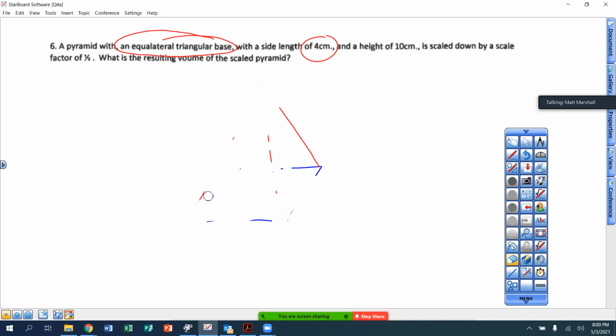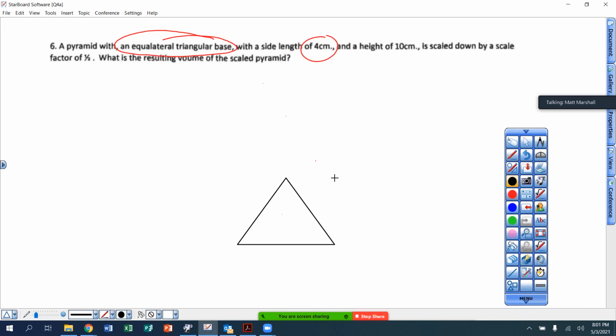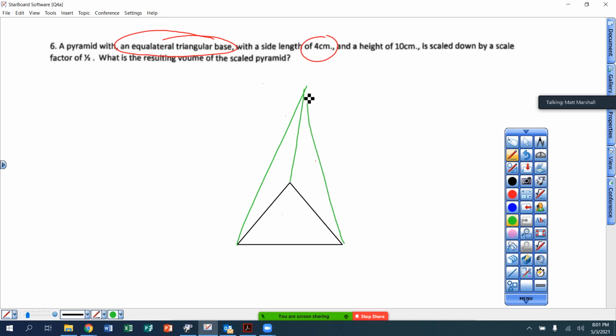So pretty much the rule is you got to find the area, the volume of the area, or let me draw this here. All right, let's get a triangle here. There we go. Try to draw my pyramid best I can. That doesn't look all that great.